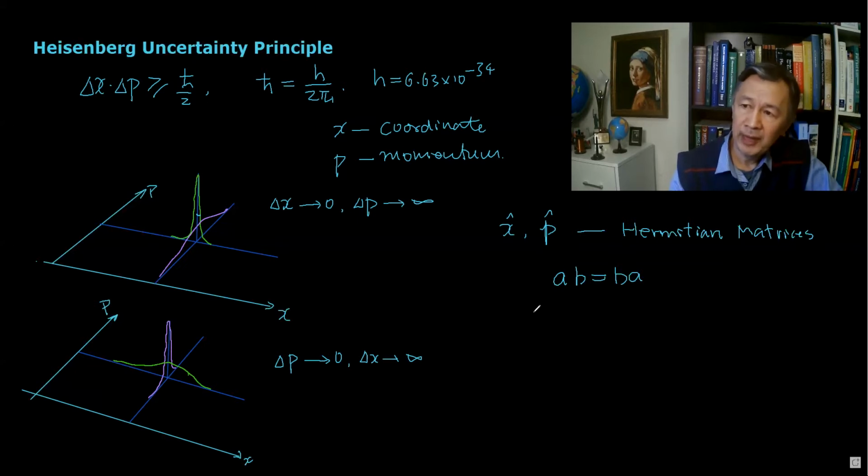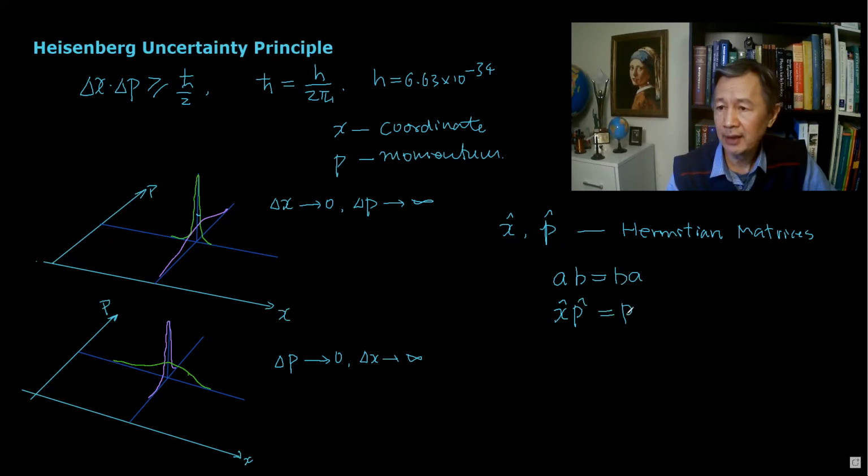However, if you have studied matrices or linear algebra, you have learned that if you put two matrices in a different order, in many cases they are not equal. X, we use this hat to represent its matrix.